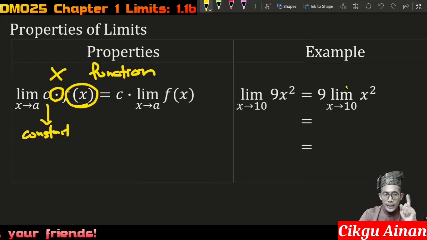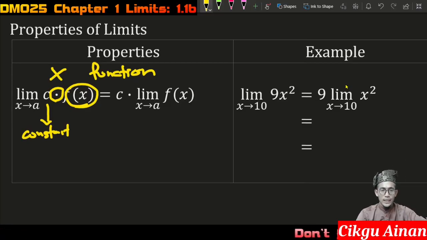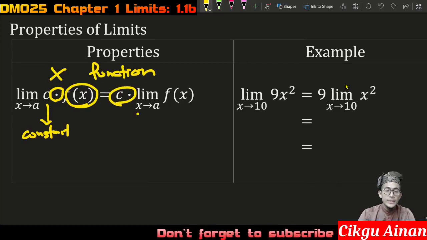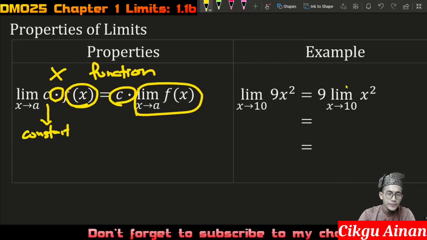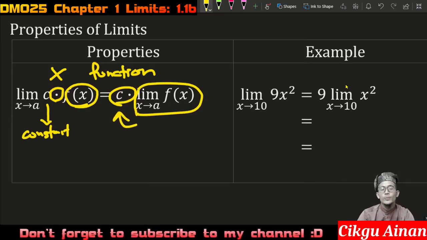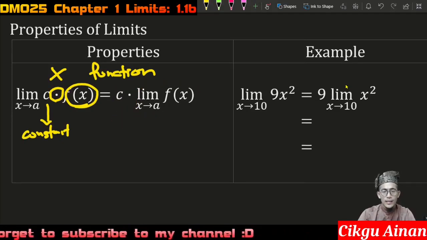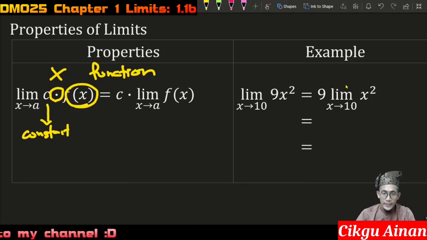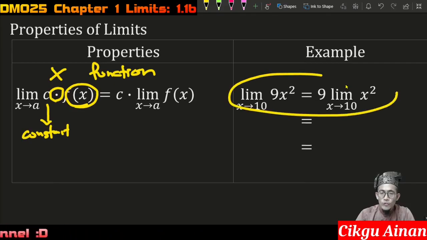If we have this kind of limit, the constant can be put outside. It means that we find the limit of the function first, then we multiply by the constant. Now, how do we use it? We look over here on the right hand side.